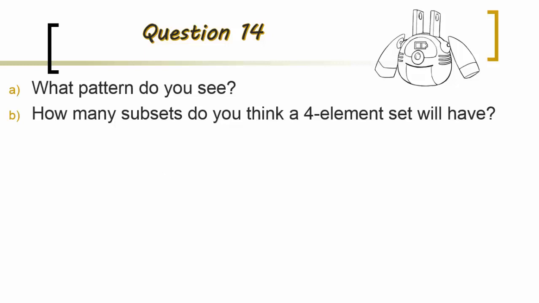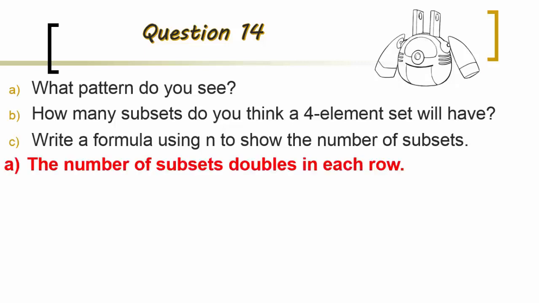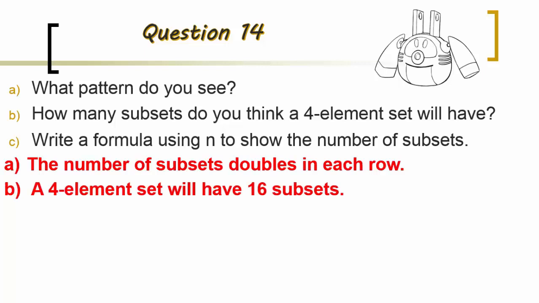And then we're going to finally write a formula using n to show the number of subsets. So we see that the number of subsets doubles in each row. And since it doubles in each row, that means a 4-element set will have 16 subsets.